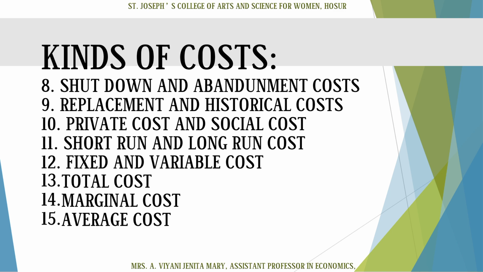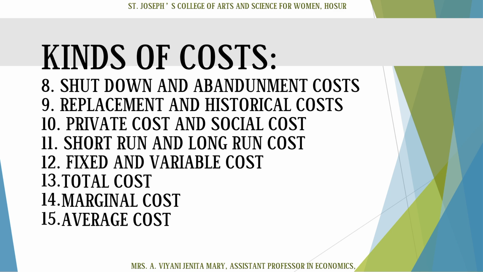Private costs are the cost of producing a commodity by an individual producer. Then social cost is incurred by the society in producing commodities and services. Generally, the expenses for the banking system, roads and transport, bus facilities, public transport system, those are coming under social cost. Government is spending for us, and all the businessmen and also the general public are using that.